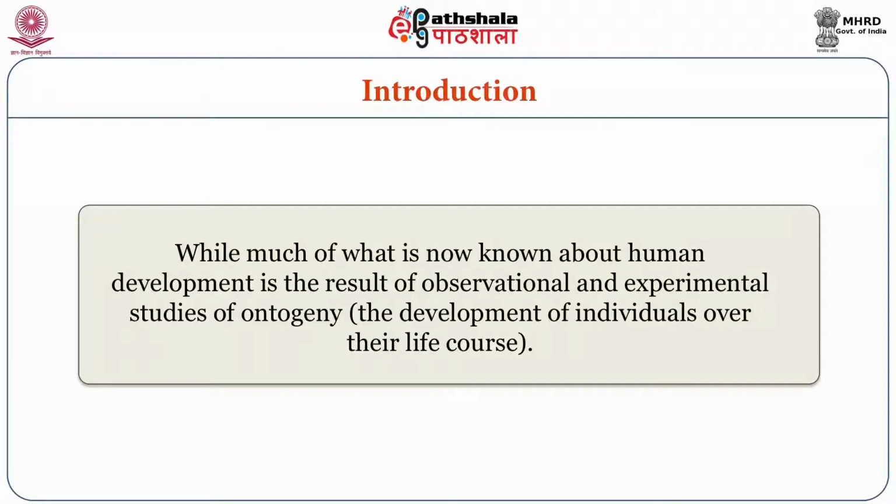While much of what is now known about human development is the result of observational and experimental studies of ontogeny. Ontogeny, in a simple way, you can understand as the development of individuals over their life course.